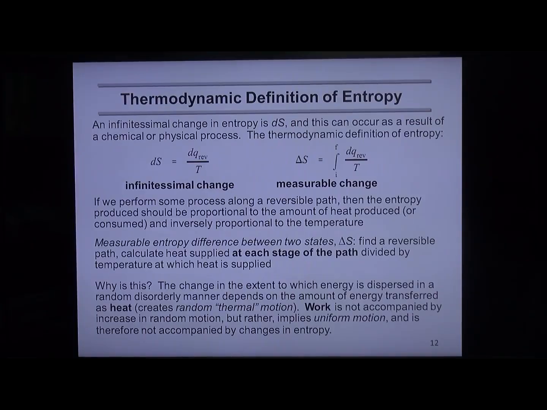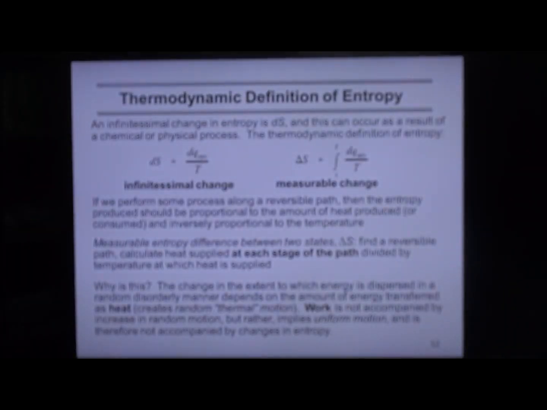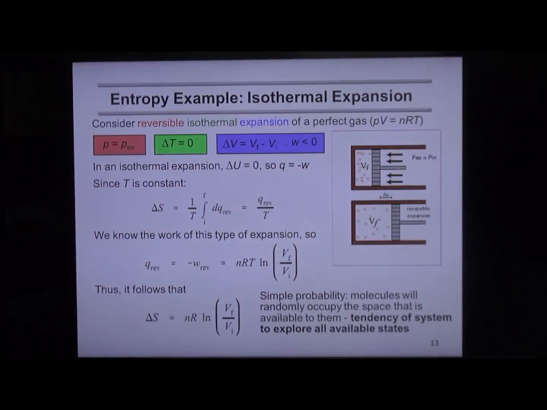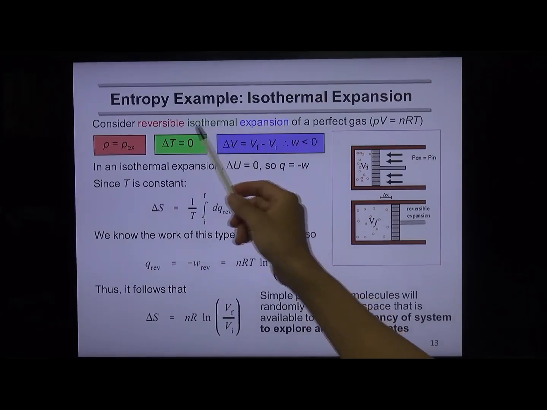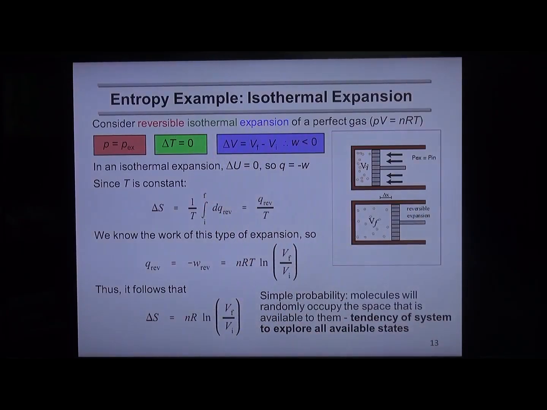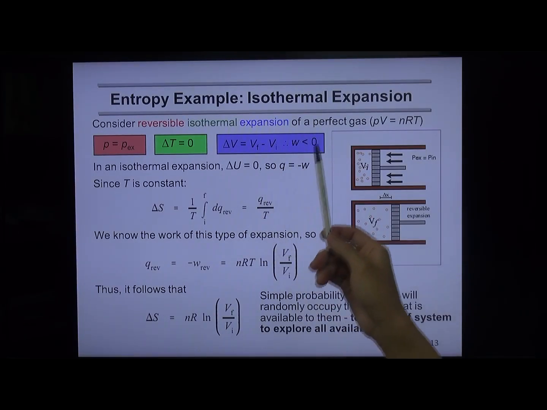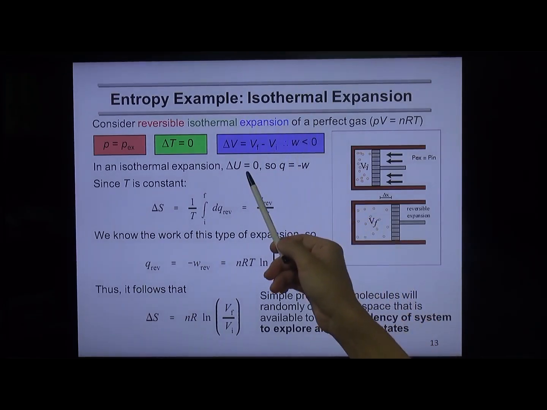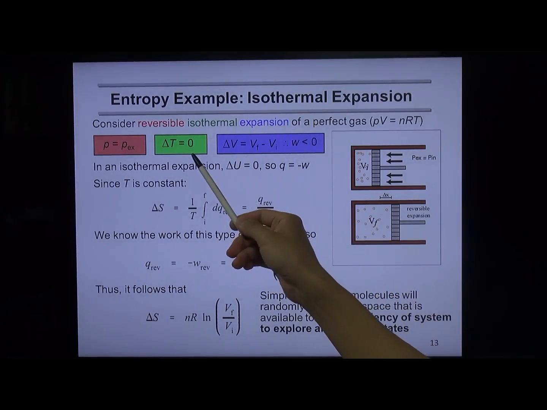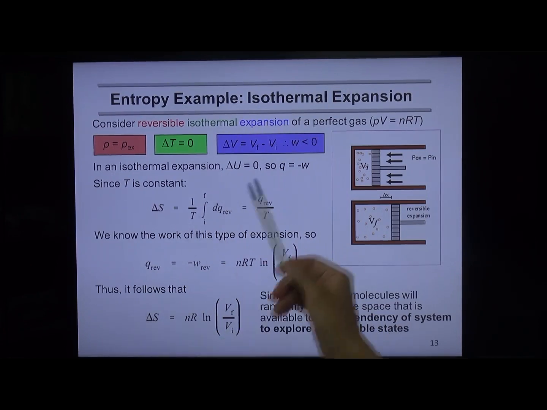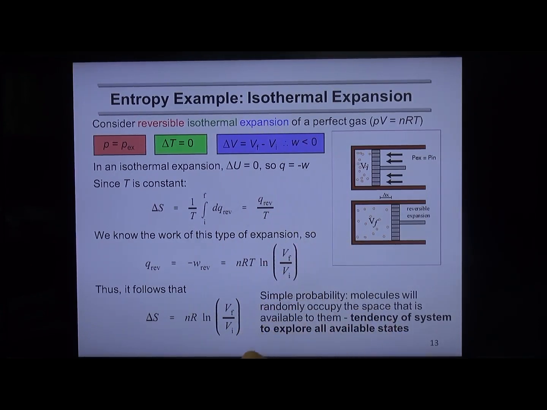Let's do an example. Calculate the entropy change for an isothermal reversible expansion of a perfect gas. Remember from chapter 2, since this is an ideal gas, delta U is 0 if the process is isothermal, so Q plus W is equal to 0.